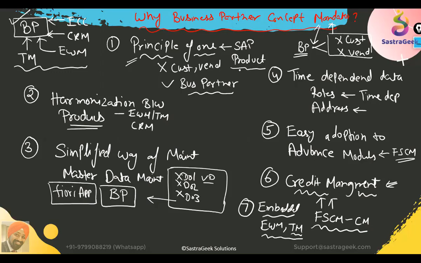SD credit management has gone away, and if you want to implement credit management, we need to use FSCM. In ECC, we have two objects to maintain credit management. You can adopt the financial supply chain management, or you can have SD credit management. In S/4HANA, only FSCM credit management is there. SD credit management is not available.